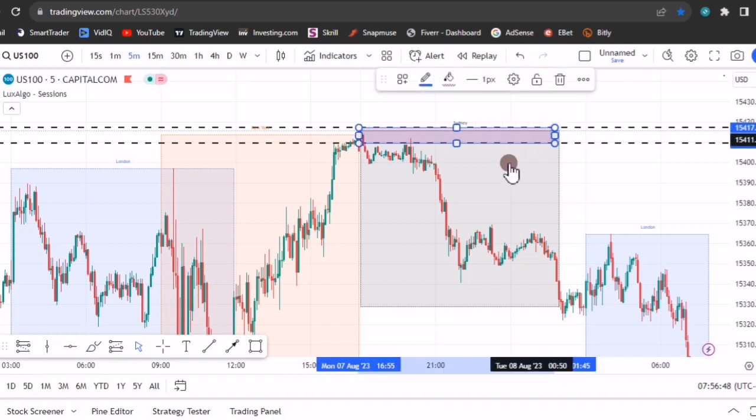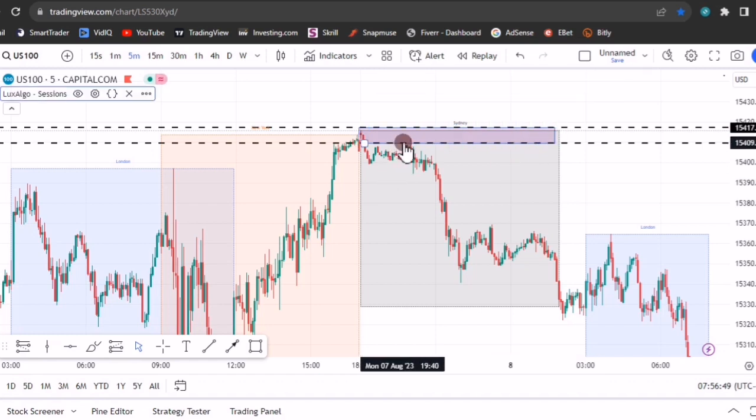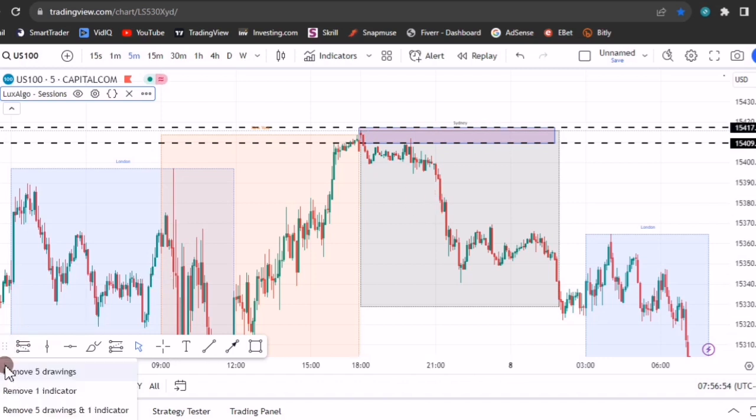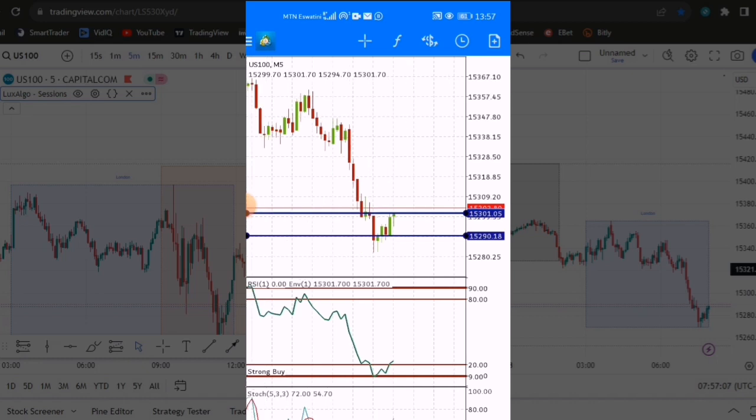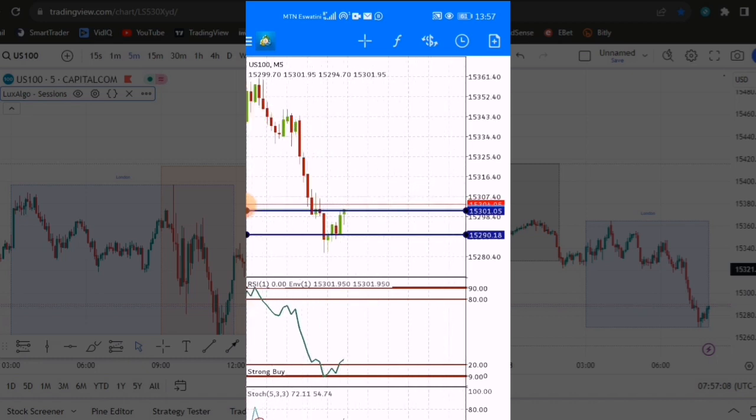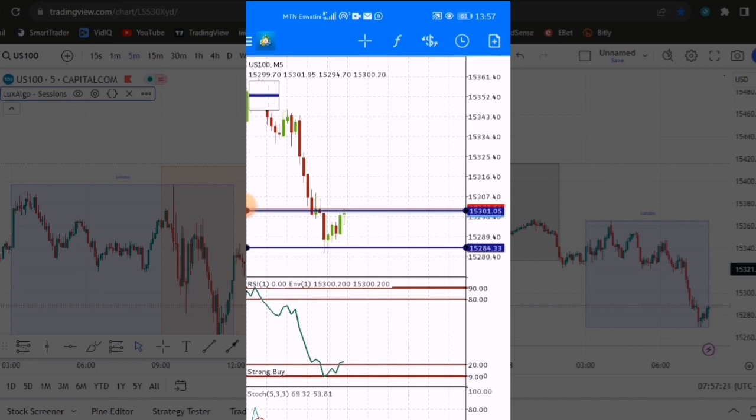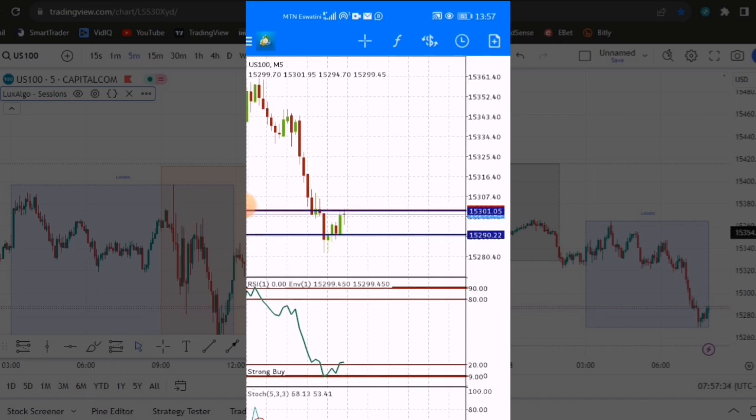So if price closes below that line, you sell. If it closes above, you buy. Easy as that, traders. So you are going to wait right here and see how price plays out. If it closes above the upper line, you take a buy, put your stop loss below this bottom line. You can use a risk to reward ratio of 1 to 2 or 1 to 3.